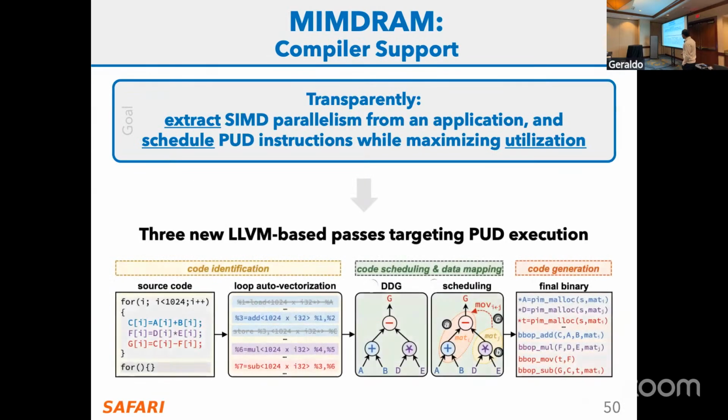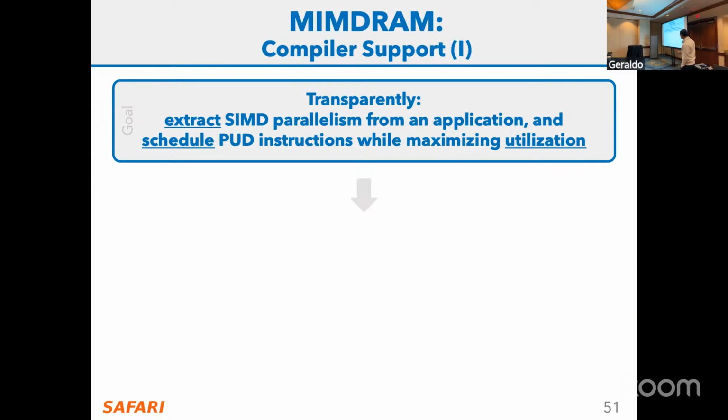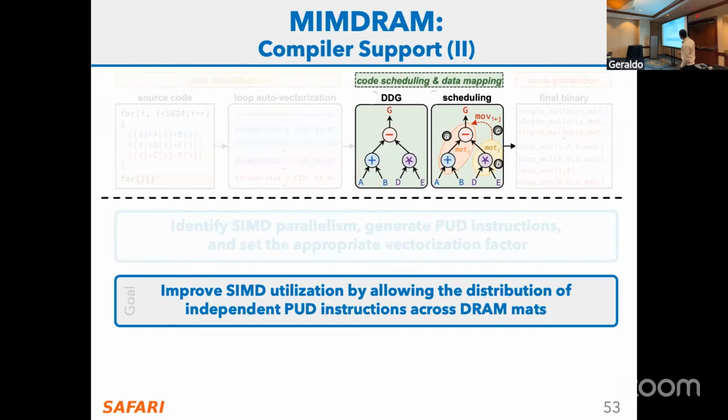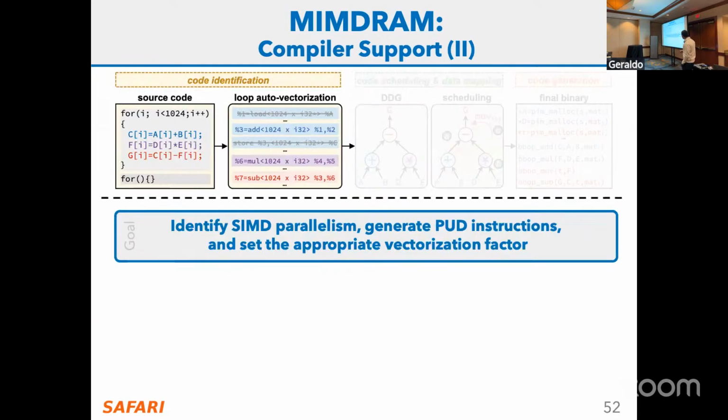We also implement some compiler support for code identification, code scheduling and data mapping, and code generation using LLVM. So those are 3 LLVM passes. The first pass is responsible for code identification. We took the LLVM auto vectorization loop engine, and we repurposed it to generate PIM instructions with the maximum vectorization length possible for a given loop. This depends on the loop trip count of a given loop in the application.